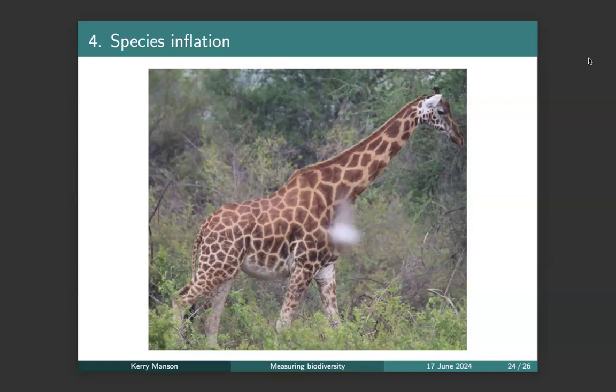We kind of intuitively think that if this species was endangered to a certain extent, by breaking it up into more species, we could only increase the endangerment level of the new giraffes.